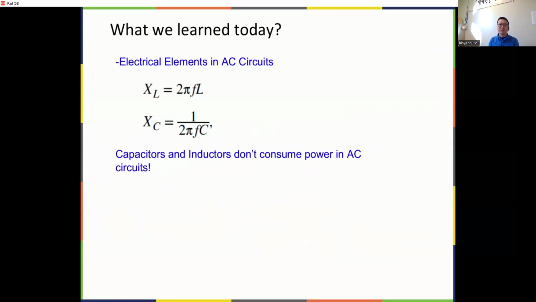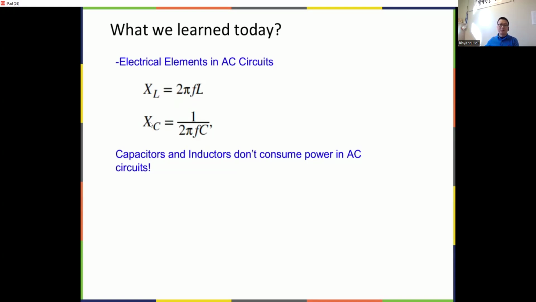For the inductor, you have the inductive reactance XL, which is 2 pi F times the inductance. So it's proportional to frequency. The higher the frequency, the more reactance there will be.